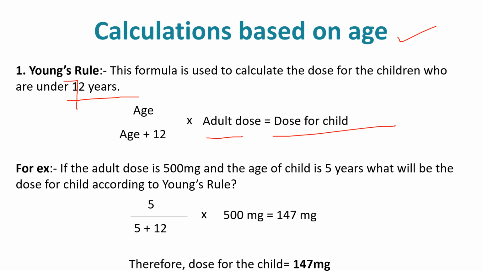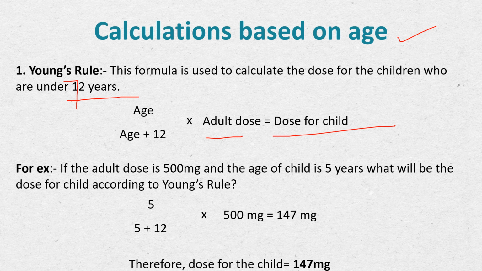So let's see the example. The question is, if the adult dose is 500 mg and the age of the child is 5 years, what will be the dose for the child according to Young's rule? According to the formula, we will put this information into the formula.